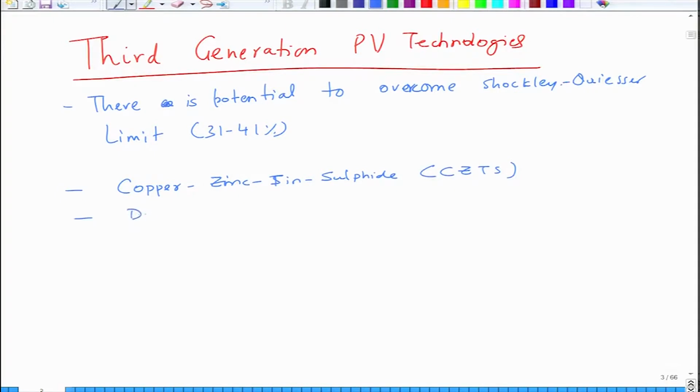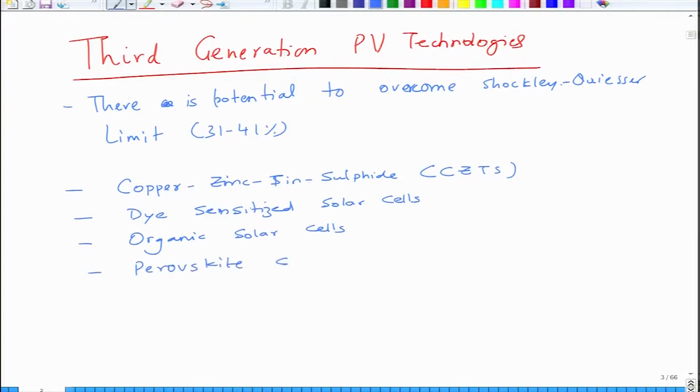Then we have dye sensitized solar cells. Then we have organic solar cells, and of late, in the last few years, we have perovskite solar cells, and there is another technology which is quite interesting, quantum dot solar cells.